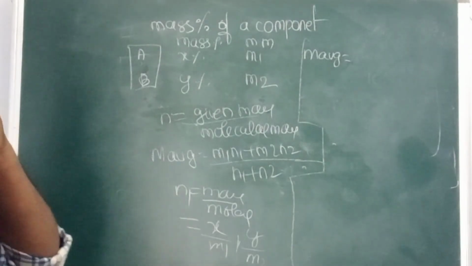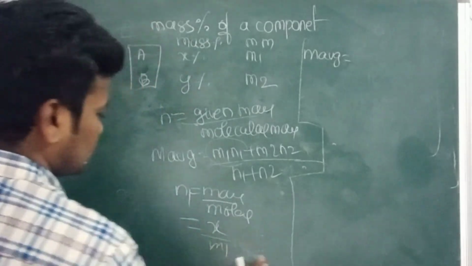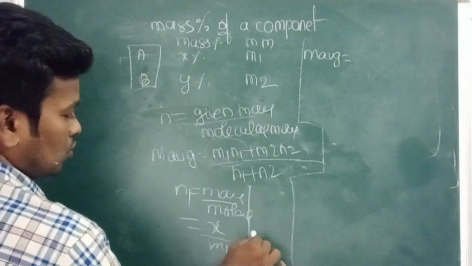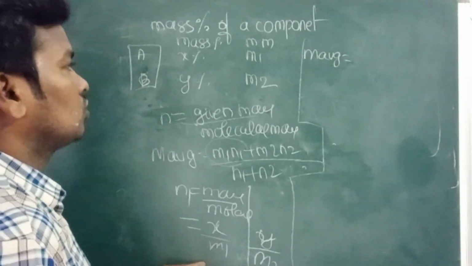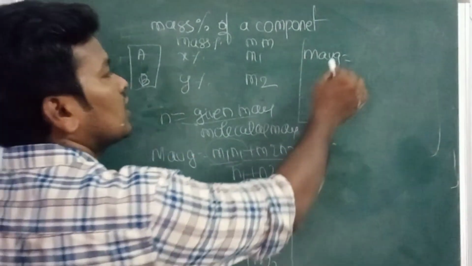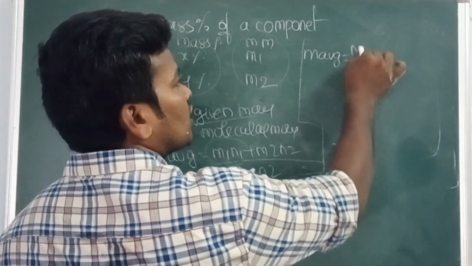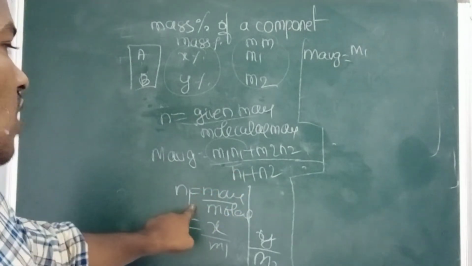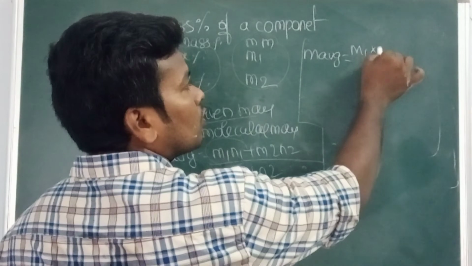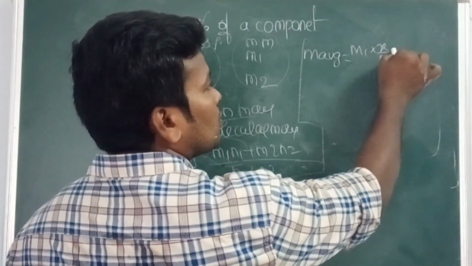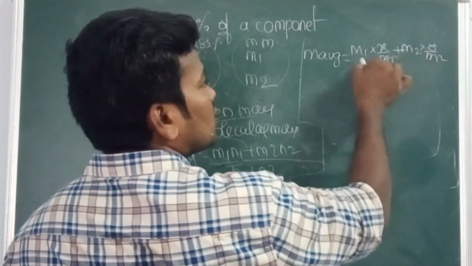N2 is equal to Y by M2. M1 is common here. We are not changing this one, but we are changing this one. M1 into N1, and N1 means X by M1, plus M2 into N2, which is Y by M2.